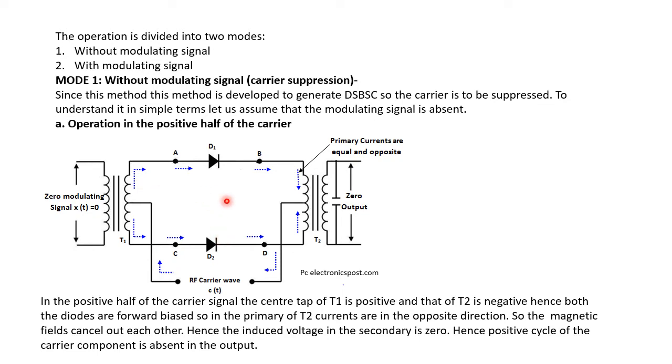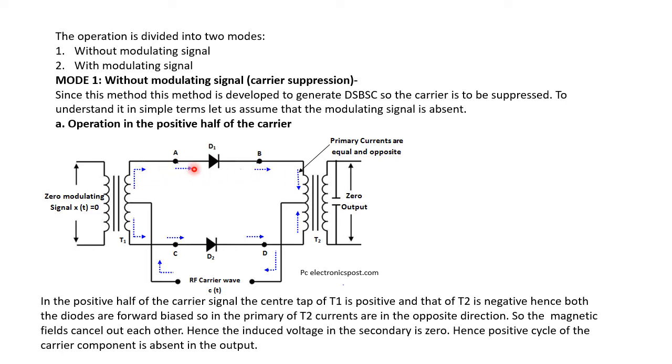When the diodes are forward biased, it means that the current is flowing through the two diodes. The direction of the current is represented by the direction of the arrow present in the symbol of the diode. So, the direction of current flowing through the diode D1 is shown by the arrows.